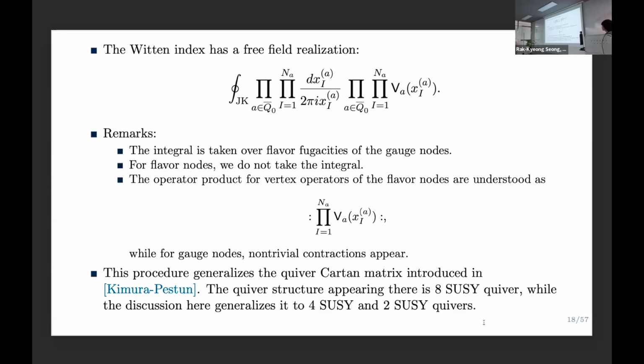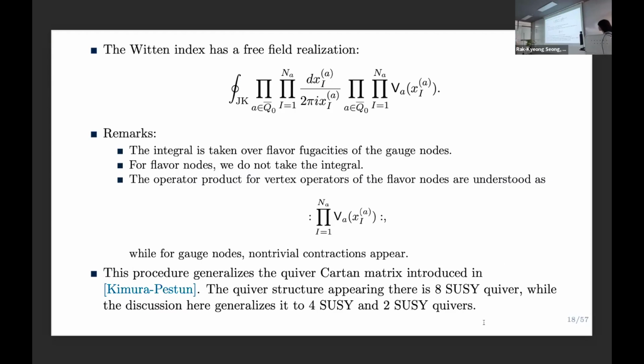And this procedure is actually a generalization of the original work by Kimura-Pestun, where they introduced the concept of the quiver Cartan matrix. In their theory, the quiver structure appearing was the 8 SUSY quiver, but what I'm doing now will be 4 SUSY and 2 SUSY quivers. So it's a large generalization of their work.